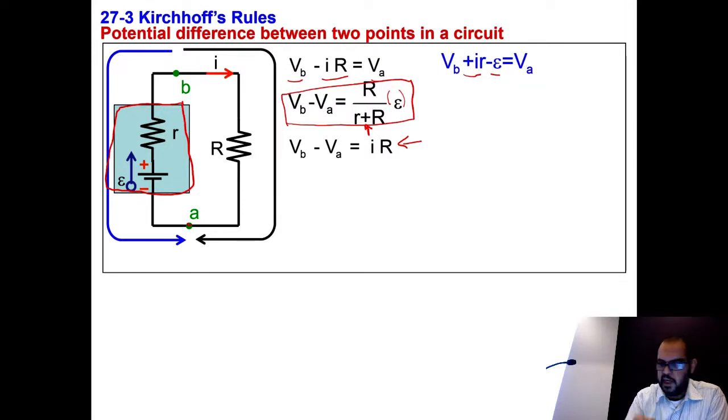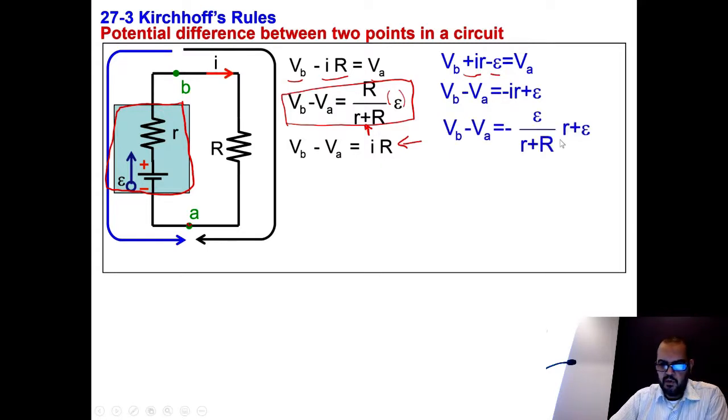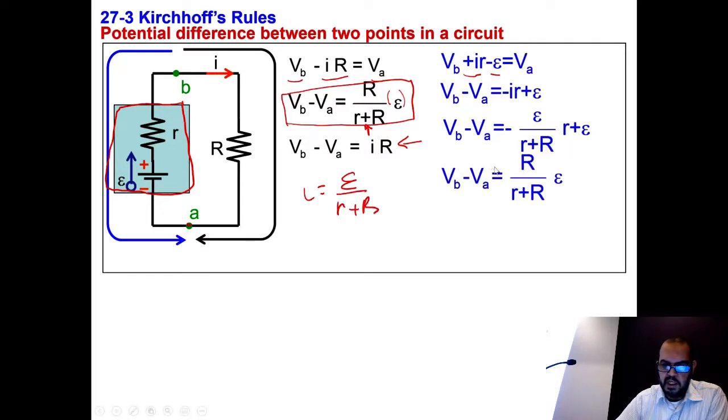So now we can write VB minus VA is equal to epsilon minus rI. Since we know the current I, if we replace it, we obtain the same equation as before.